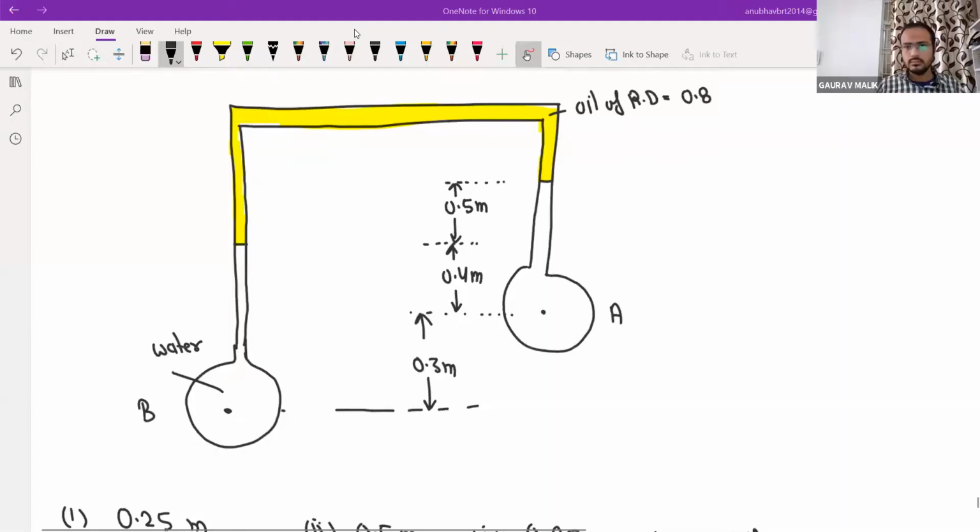Density, I told you, Anmol. Relative density 0.8 means density is equal to 800 kg per meter cube. And fluids A and B have water. Solve it fast.